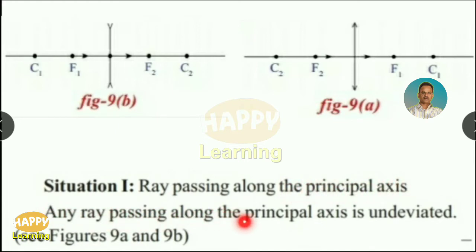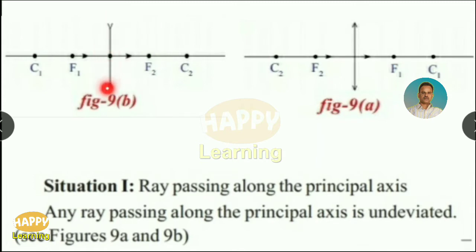Any ray passing along the principal axis is undeviated. So, this is a convex lens. A ray passing along the principal axis continues its path along the principal axis. There is no deviation at all.